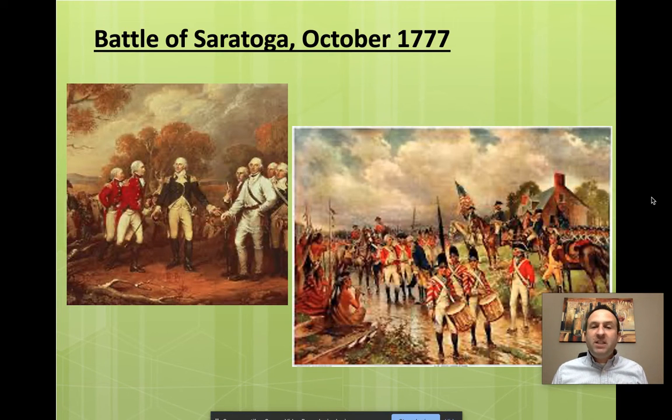They begin to go into these communities and set up loyalist support. And then once they feel the loyalists are in control, they move on to the next town. Well, the problem is, every time the British left a city, in come the American colonists, these Whigs, and they reestablish control over these cities.